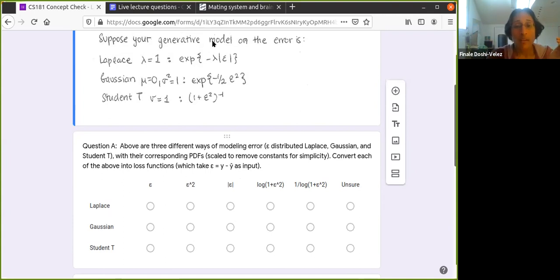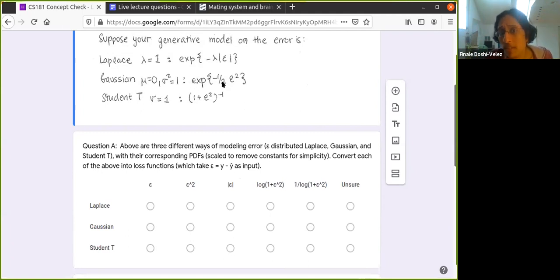We took the log of the PDF that included the error. Then we had to do a sign flip because we were maximizing likelihood rather than minimizing loss. Conceptually, it's exactly the same thing. When we look at these expressions, that's basically what's going to be happening.